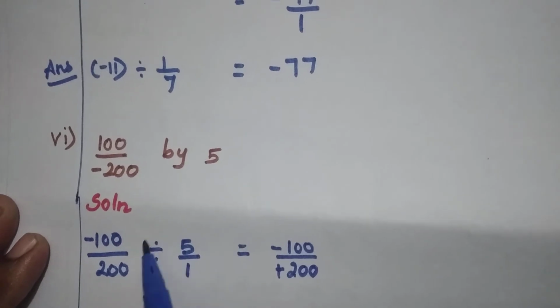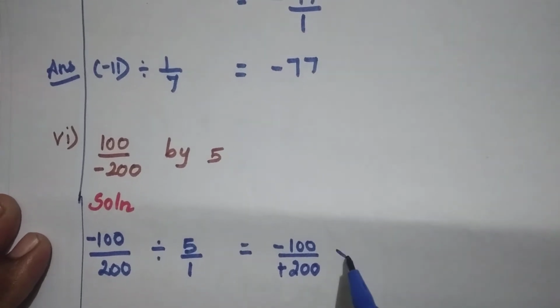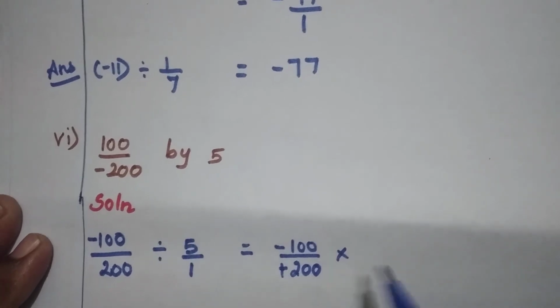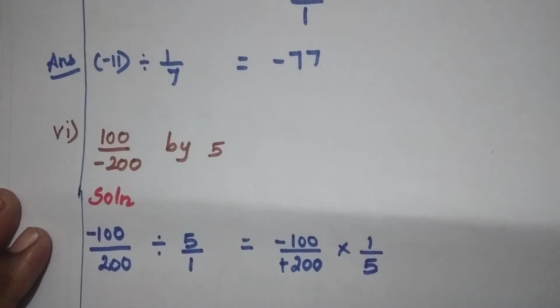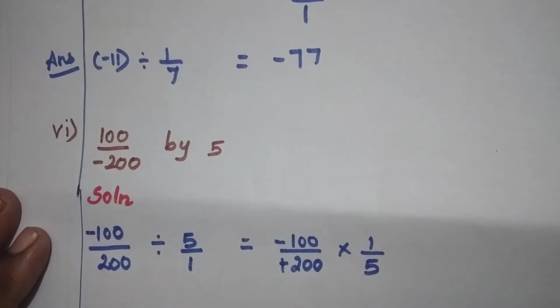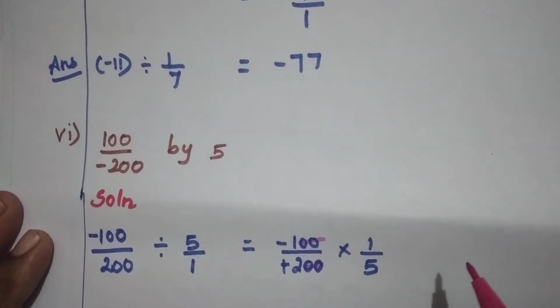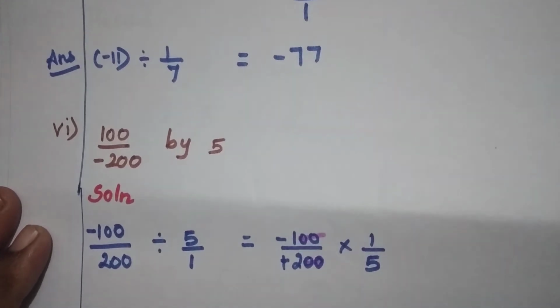Now change this division into multiplication and write the reciprocal of the second rational number, which is 1 by 5. Now we can simplify this one. You can cancel these two zeros.